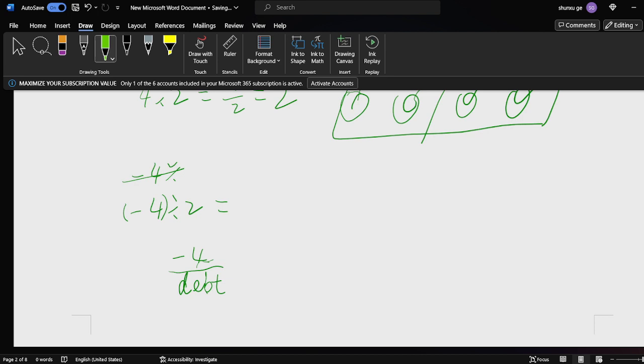For 1 day, how much do you pay them? So 1 day means right here, negative 4 divided by 2, equals negative 2.